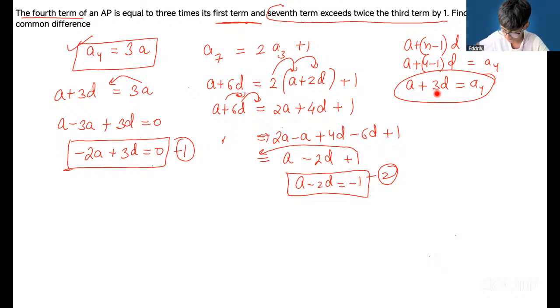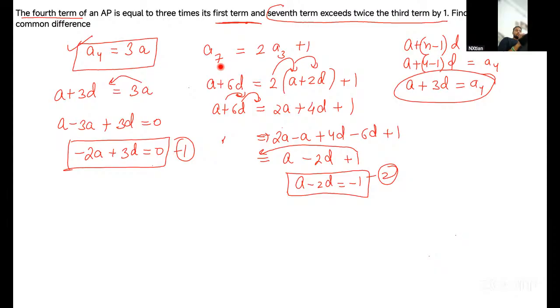Understood? So in the same way, if A7 is there, what will I write as the value of n? 7.